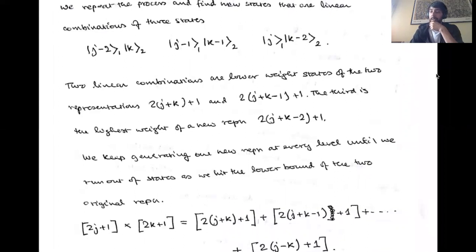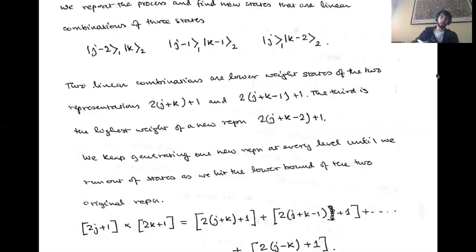Again, two of these linear combinations are going to be lowest weight states of two representations, 2(J plus K) plus 1 and 2(J plus K minus 1) plus 1. And the third one is going to be the highest weight of a new representation, and you can see that this is going to be J plus K minus 2.